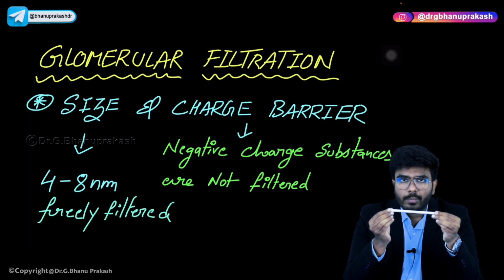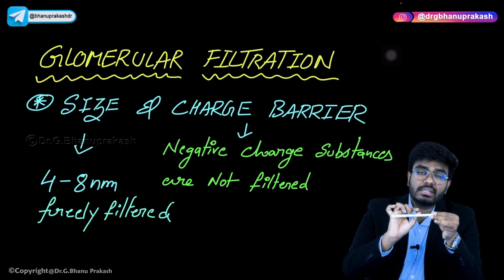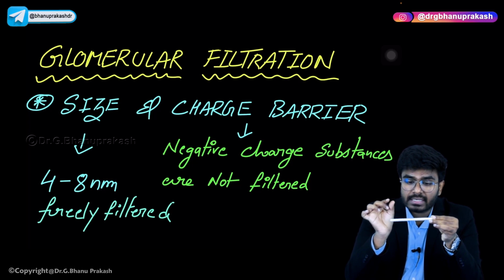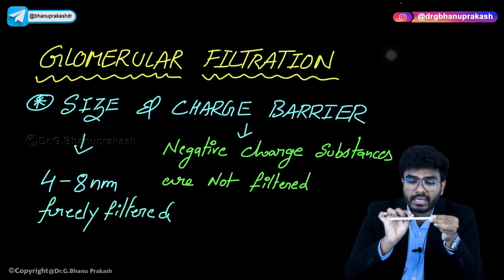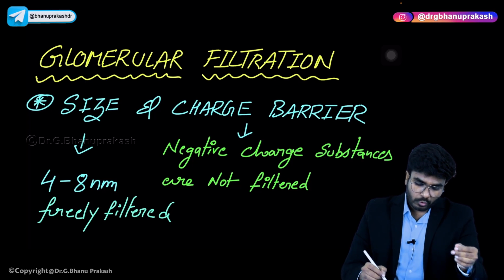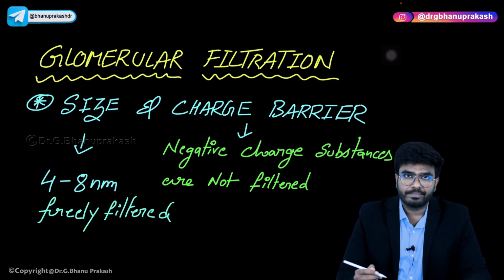See, this is a glomerular basement membrane. Actually, this GBM has a negative charge. So, negative charge will repel negative charge. So, negatively charged particles, if they come near to the glomerular basement membrane, will be repelled. So, they are not going to be filtered. Okay, so the glomerular basement membrane is a charge barrier and negatively charged substances are not filtered.